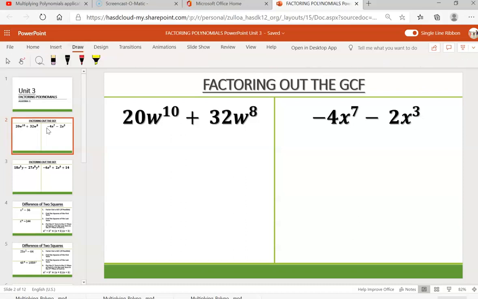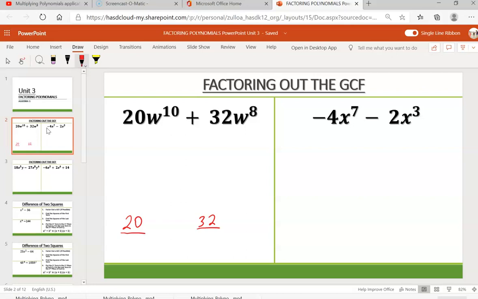So we're going to take the coefficients of the terms that are here, which in this case we have 20 and we have 32. And I'm going to list all of the factors like we did when we had to find just the GCF, when that was just our directions.